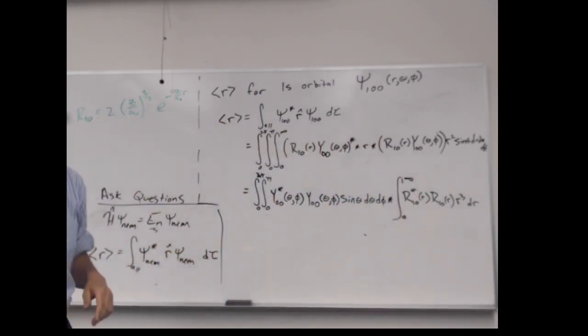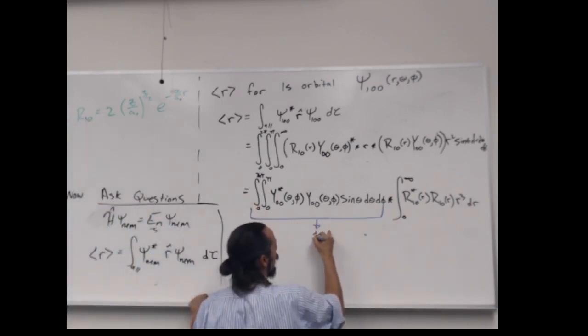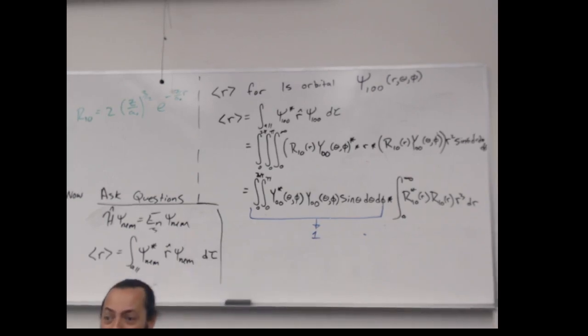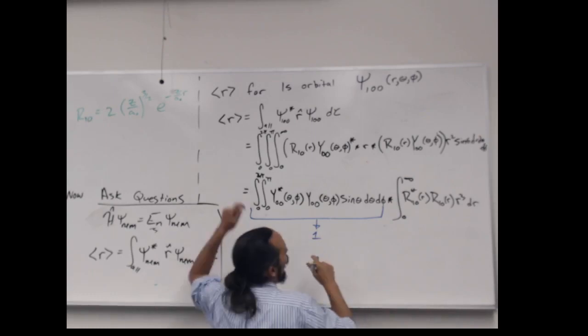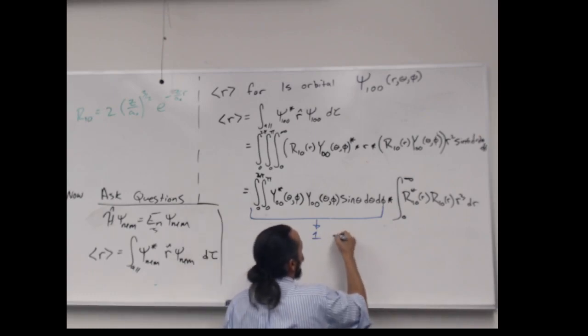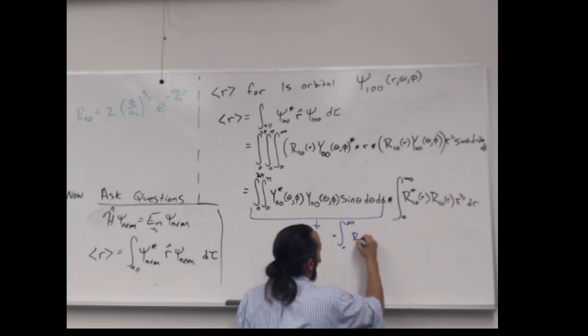Why is it nice to write it down this way? What do we know about the spherical harmonics? They're normalized, right? We're using these as already normalized, so this whole entire chunk just goes to 1. That's the beauty. Do we have to do that integral? We already know it's going to be equal to 1. So if we want to know the average radius, we just have to solve this last bit, the integral from 0 to infinity of R10.